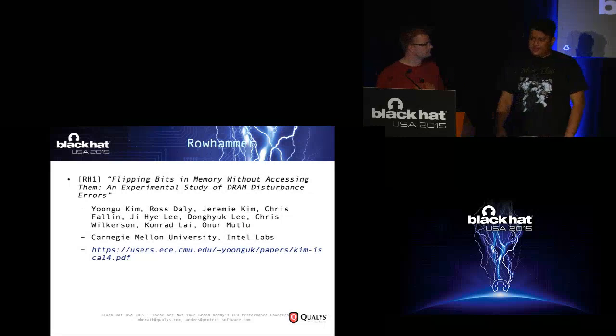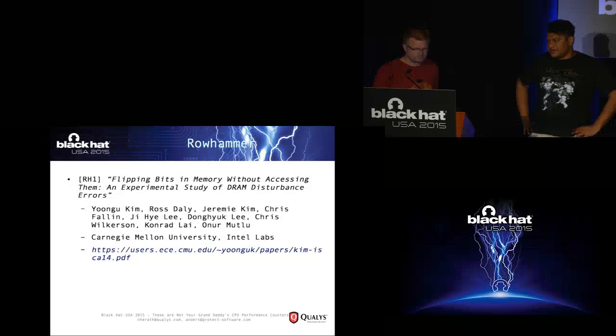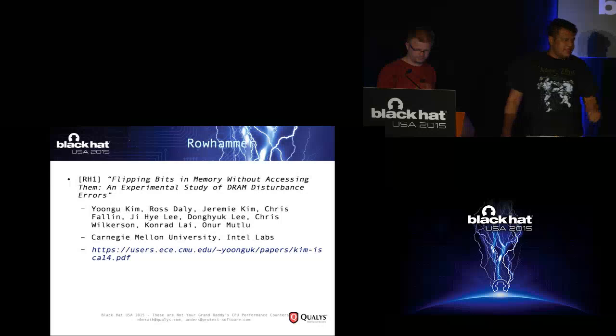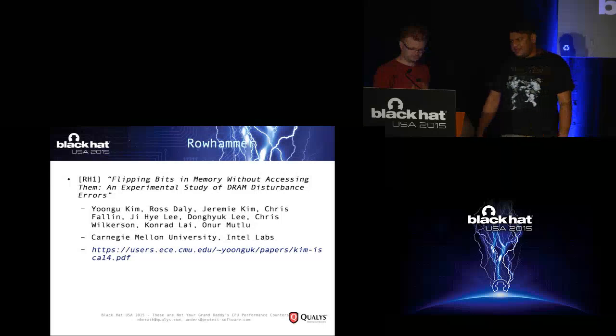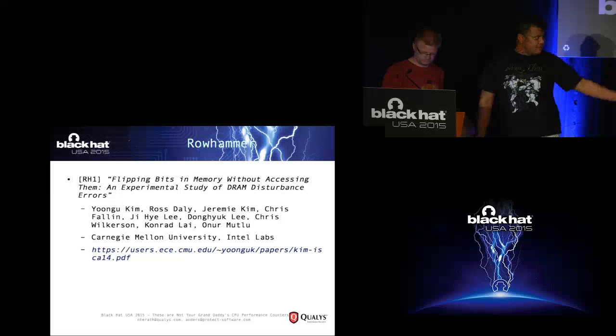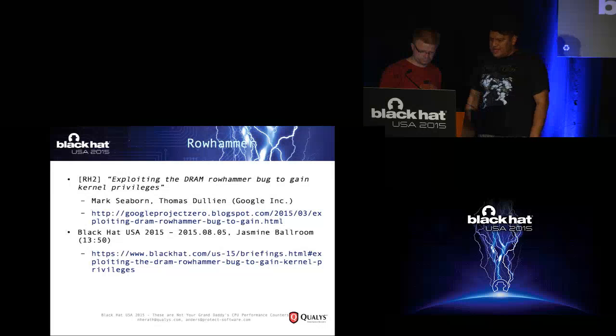So basically, the RowHammer stuff is based on some of the original research that was published in this paper about bit flipping in DDR3 RAM. You can refer to the original paper. They have quite a significant discussion there.